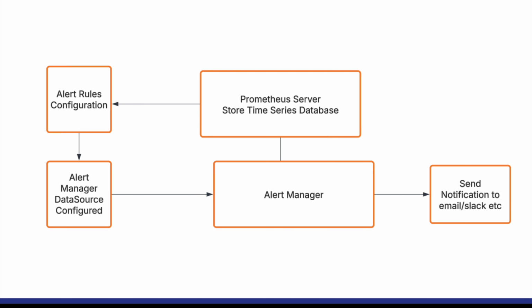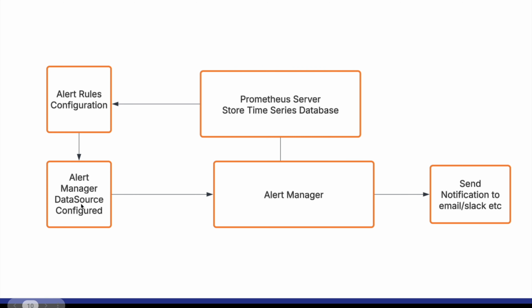So this is how it looks. You have a Prometheus server and then you have an Alert Manager. Say I want to get an alert when there is a high CPU utilization. Those alerts you configure in the Prometheus server, where there is a YAML configuration that you put in.